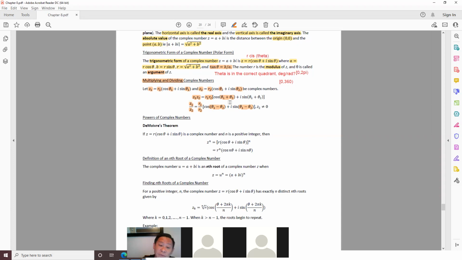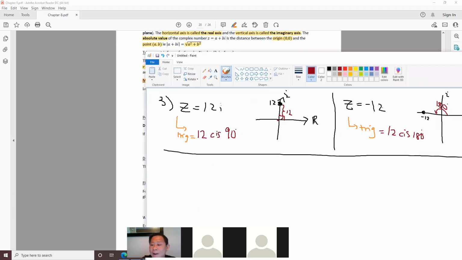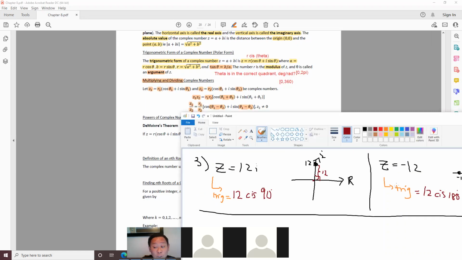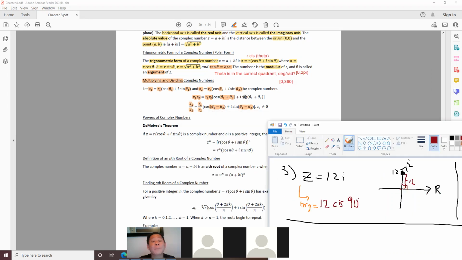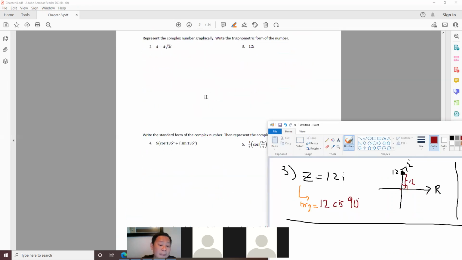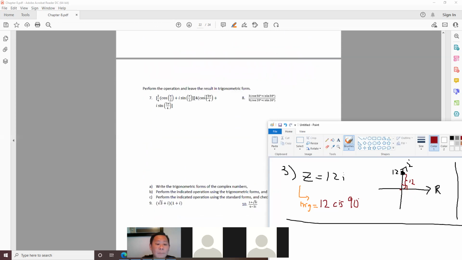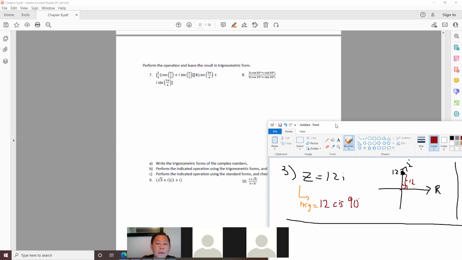So if a question gives you CIS form, you can directly apply this formula. However, if the question does not give you CIS form, if they give you 12i or negative 12 or something like we just did, you have to convert it into the trig form, the CIS form, before you apply this multiplication and division.